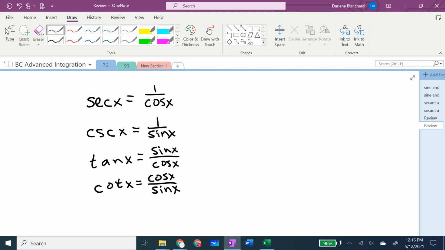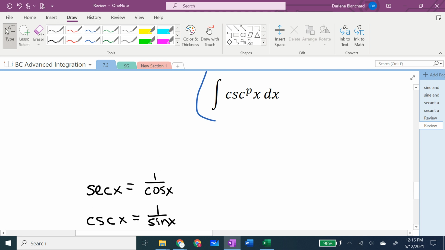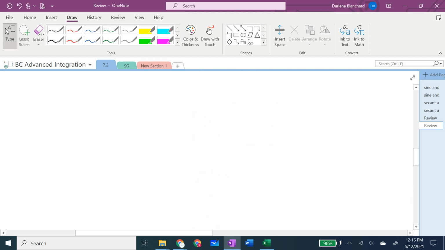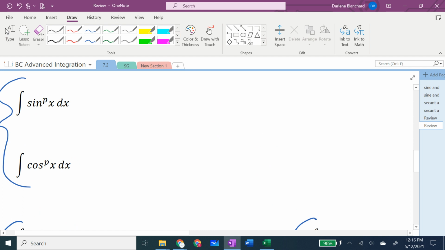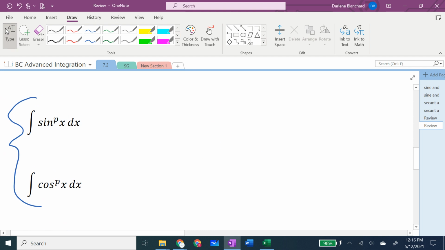But anyway, so we have some basic rule ideas to follow. For the sine and cosine pair, you want to remember that the question is all about whether you have an odd or an even exponent. And this is whether they're alone or together.